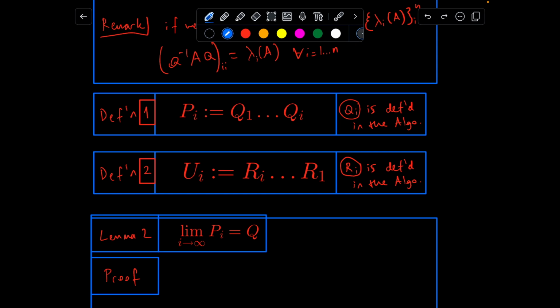Since we also have this QR decomposition, and we have Q terms, we also have the corresponding R terms for a given A and QR decomposition. In each step, when we do QR decomposition, we are doing it in a way that it is unique.